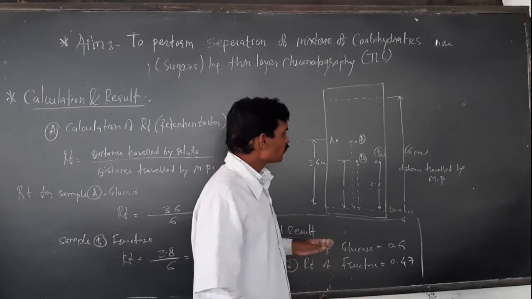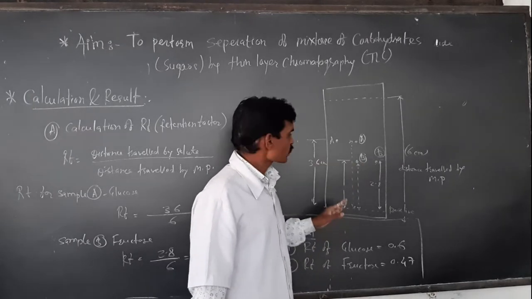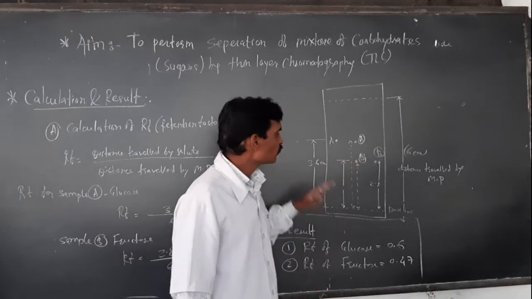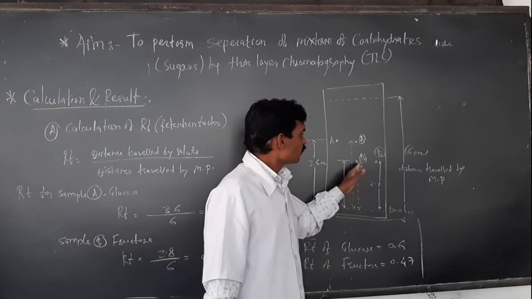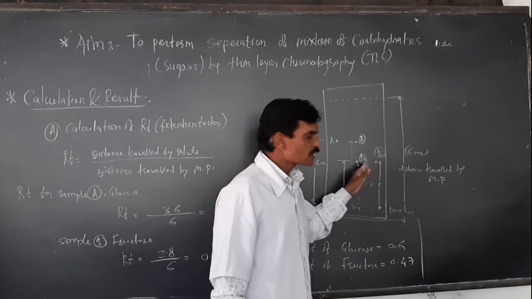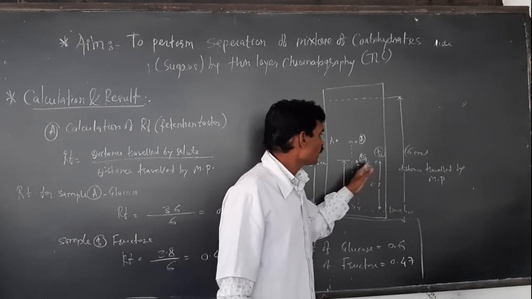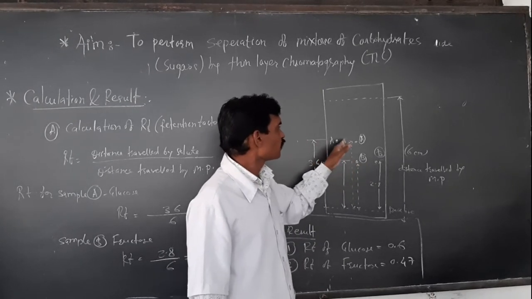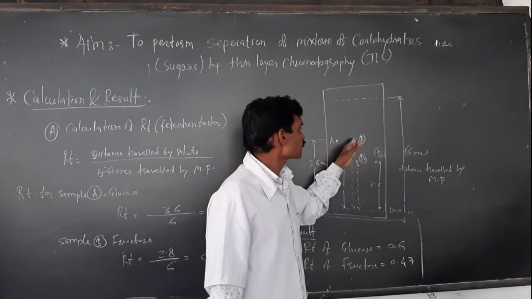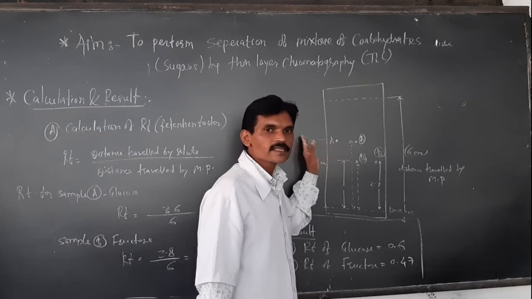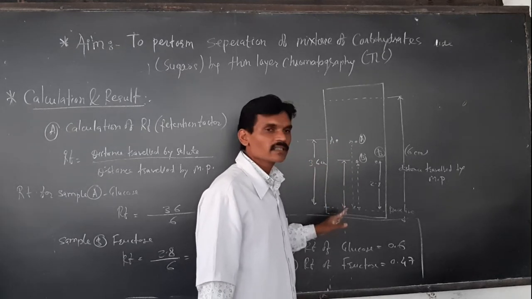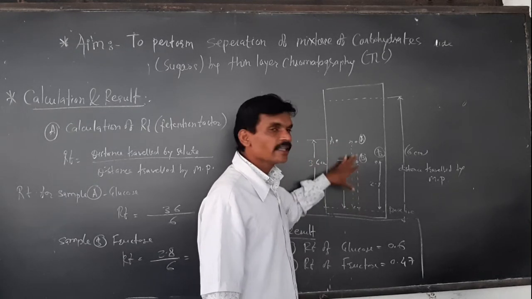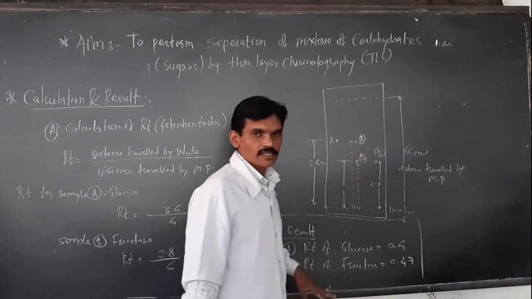We compared both of these spots with the mixture spot, and found a spot like spot B at this level, and another spot at this level equivalent to spot A. We can conclude that the mixture of A and B is separated by this distance.